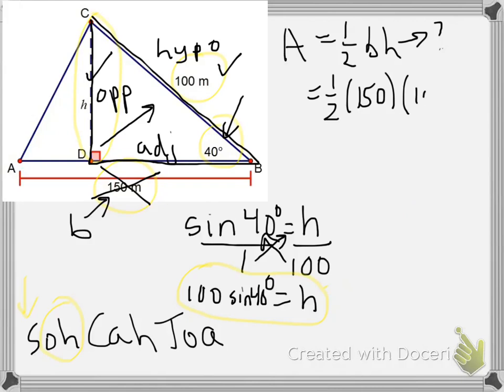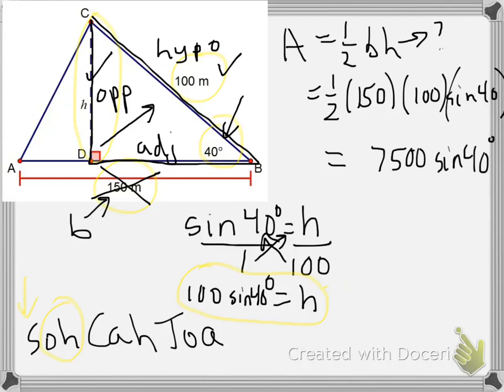It is 100 times sine 40. Okay, and we can go like this if you like. We can multiply in any order, and I'm going to get 7,500 sine 40.